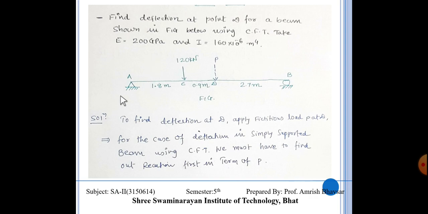Here they have given a single point load at point C. A and B are simple supports, and we have to find the deflection at point D. So we have to take a load P at the point where we are going to find the deflection, but the value of this P is 0.